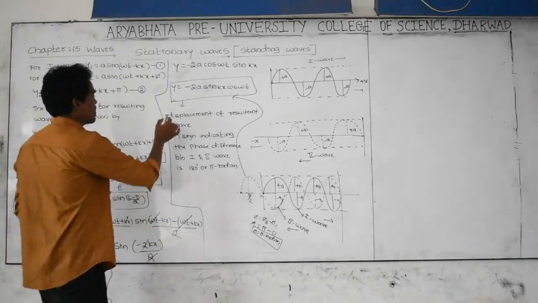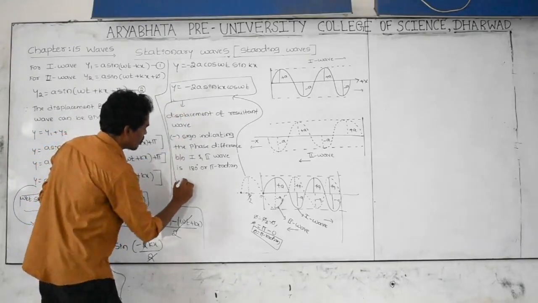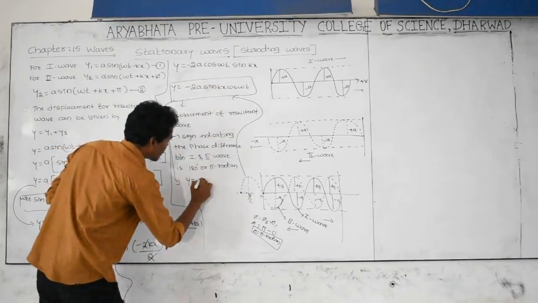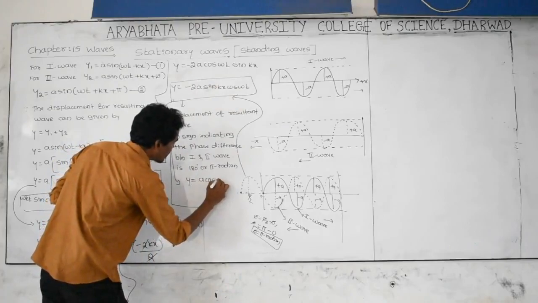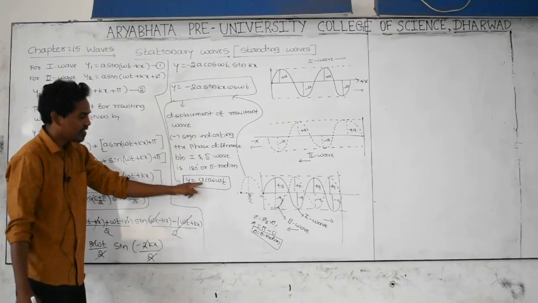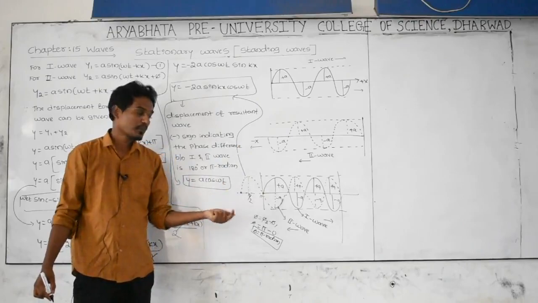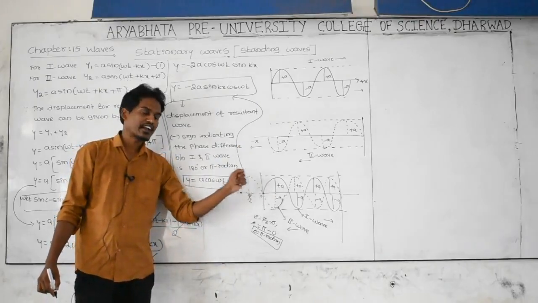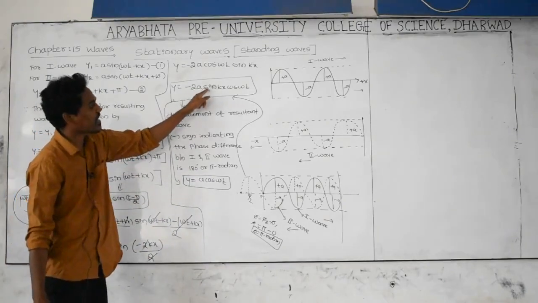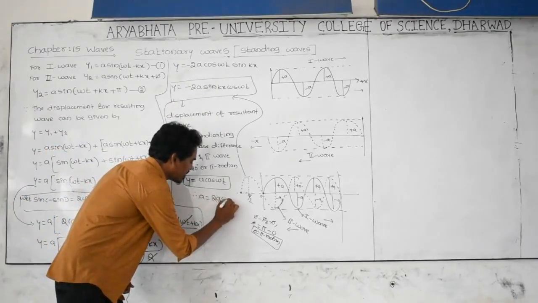And here this equation can also be written, modifying, as y is equal to 2a sin kx times cos omega t. We can also write this equation like that. And here A is nothing but the amplitude of this stationary wave. The amplitude of the stationary wave can be found using A equal to 2a sin kx.